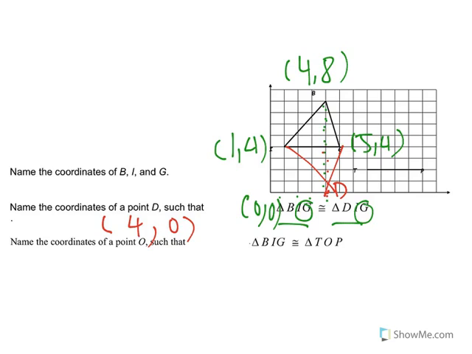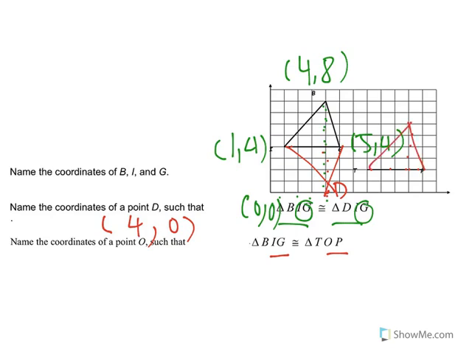Right? And here it says to name the coordinates for point O such that BIG is the same as TOP. So IG and OP are congruent. I think there seems to be a typo here, so let me fix this. To get from G to B, we go left 1, up 4, so we can do the same thing. Start from P, go left 1, up 4, so we would have that.